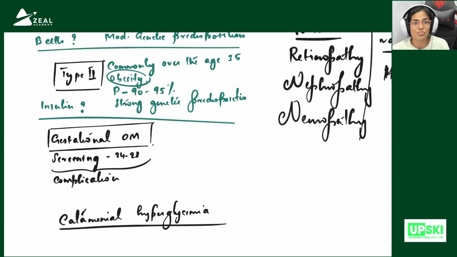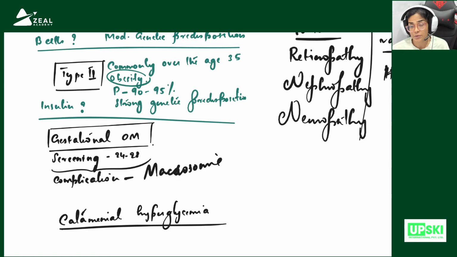Now, the next type is gestational diabetes mellitus. So the first onset of diabetes during pregnancy, that is gestational diabetes. Screening for gestational diabetes must be done for all pregnant women between 24 and 28 weeks of gestation. What are the complications of gestational hyperglycemia or gestational diabetes mellitus? Macrosomia, babies with birth weight of more than 4 kilograms or 4.5 kilograms, that is macrosomia.